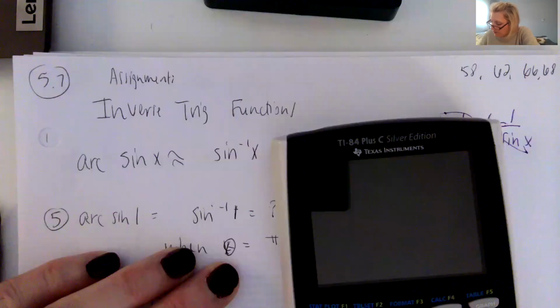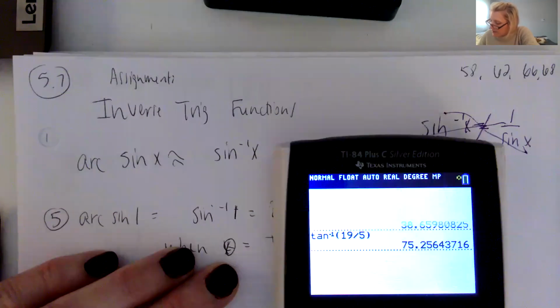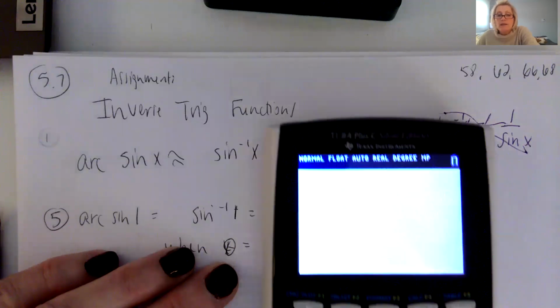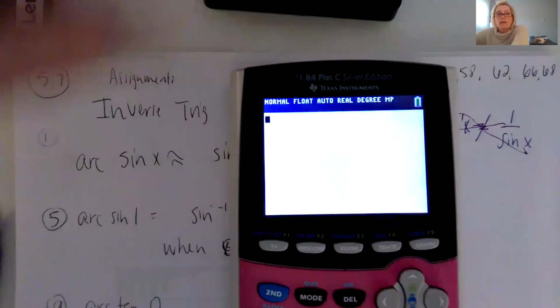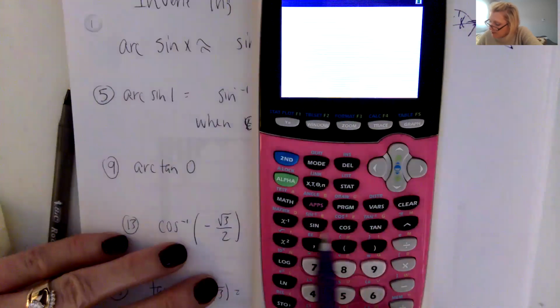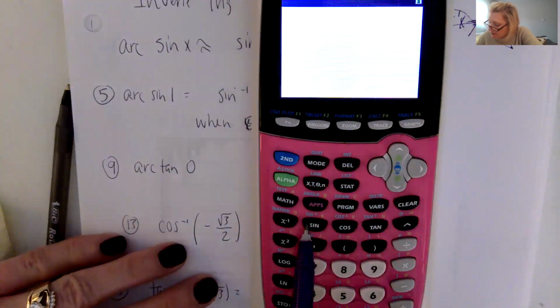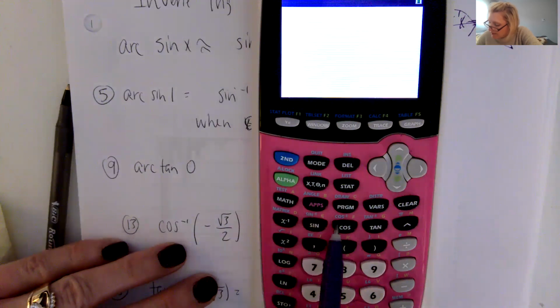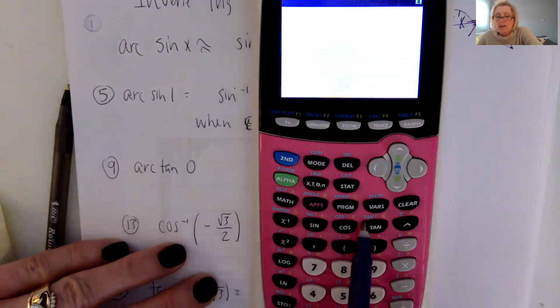This can also be found in your calculator. So you can see here we have the sine, cosine, tangent, and then above in the blue, we have the inverse sine, inverse cosine, inverse tangent.